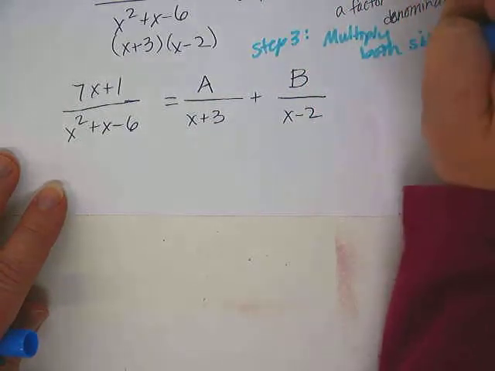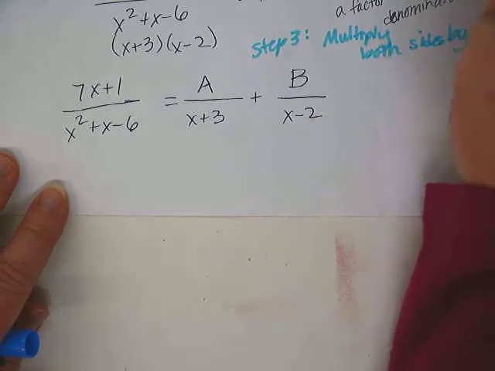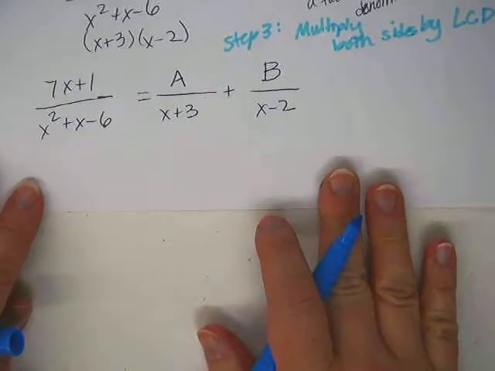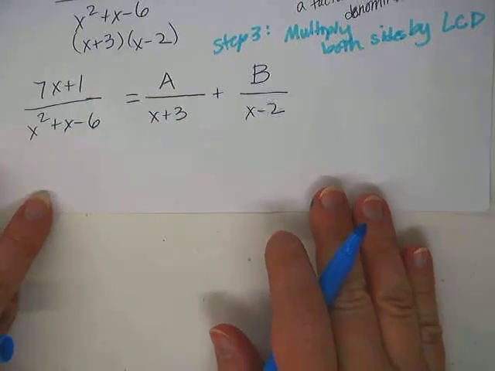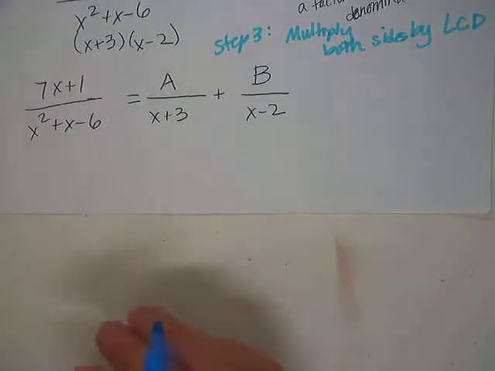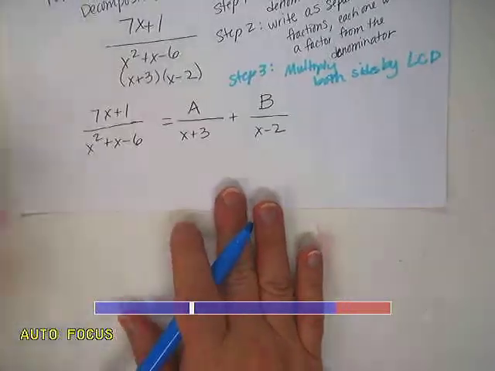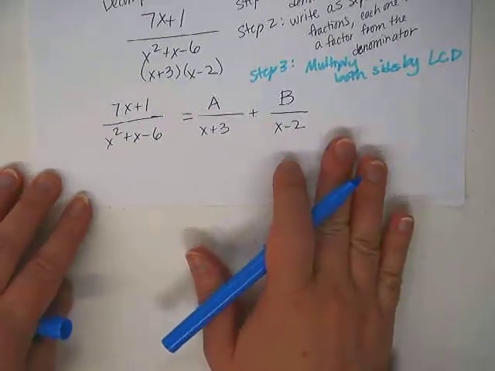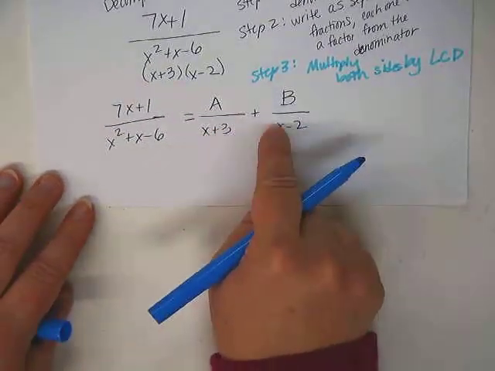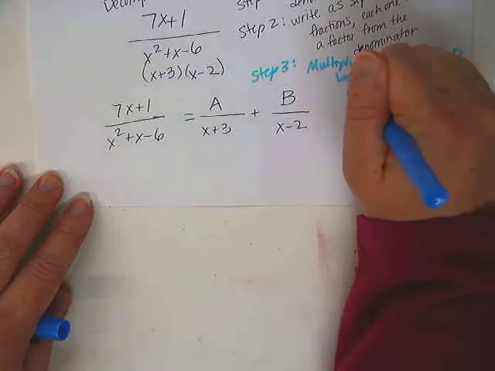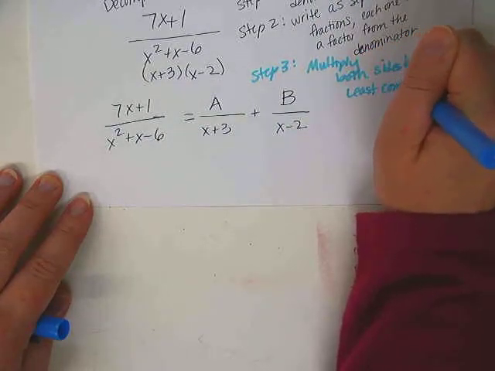multiply both sides by the least common denominator. Okay, so what's the least common denominator? What's the least common denominator of the entire thing?